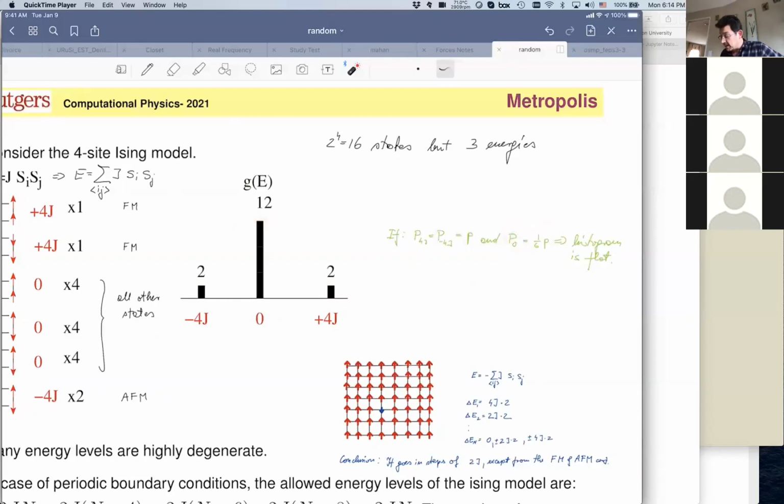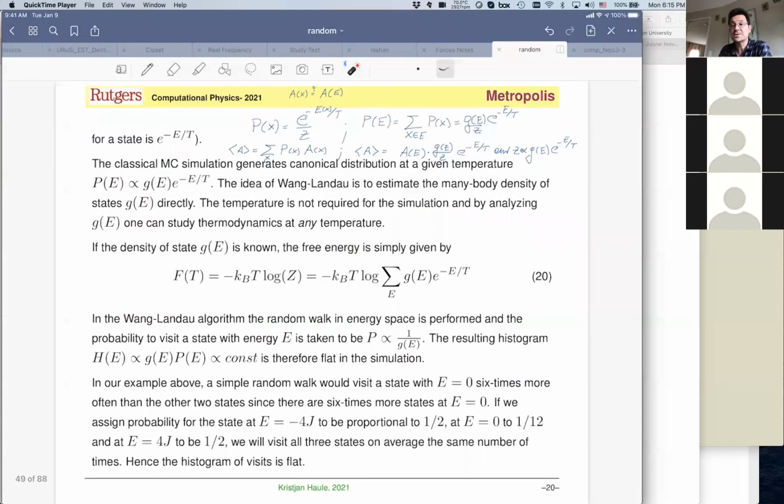However, I also know that this state is 6 times degenerate. So therefore, I know that the histogram is going to be flat, because I'm going to visit this state with much less probability, but there are so many more states of that type. So therefore, the histogram will be flat. Okay. So is this kind of clear to everybody? What I tried to explain?